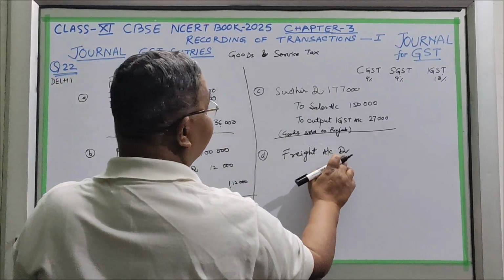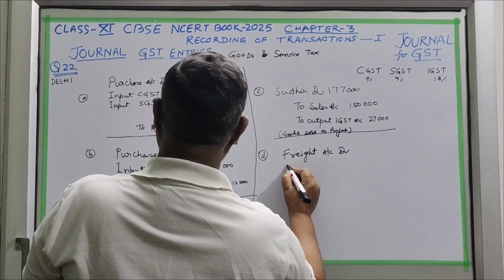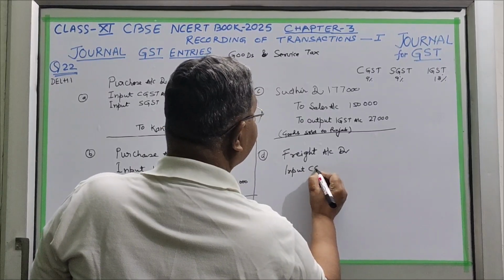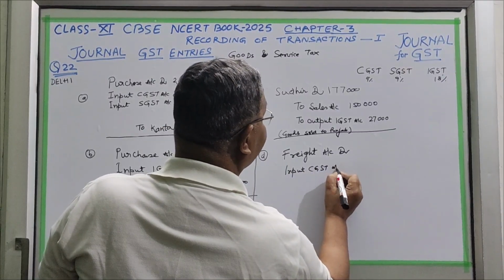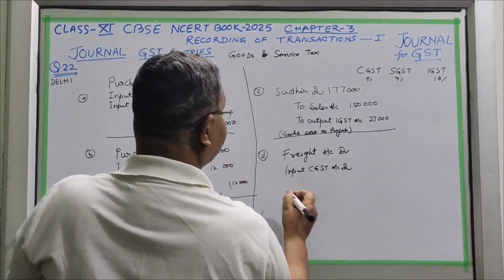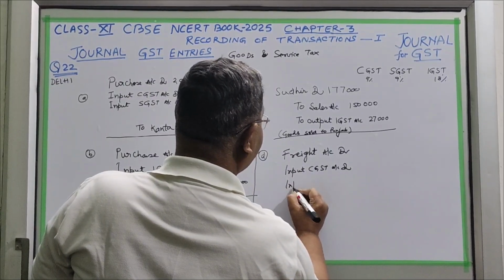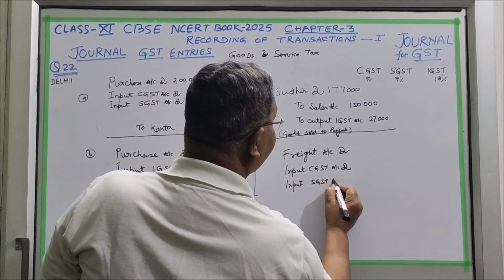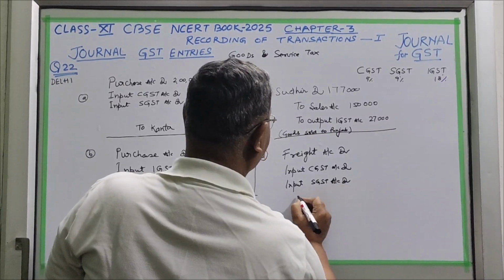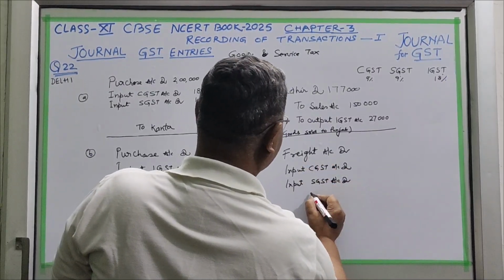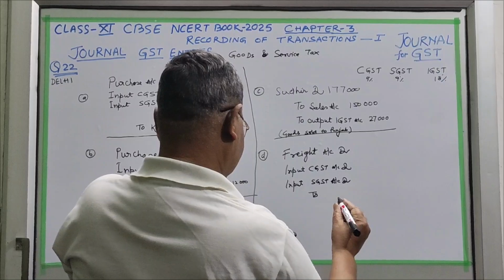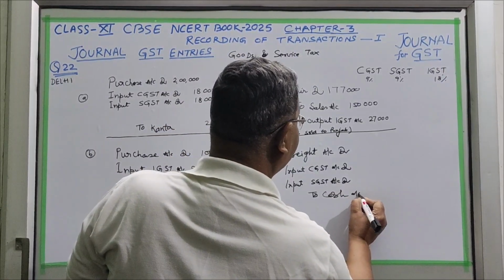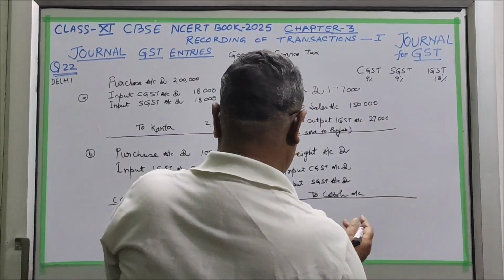So input CGST account debit and input SGST account debit to cash account.